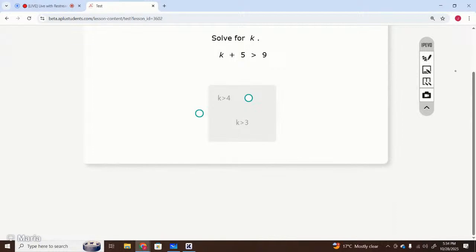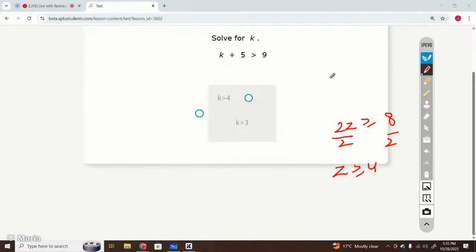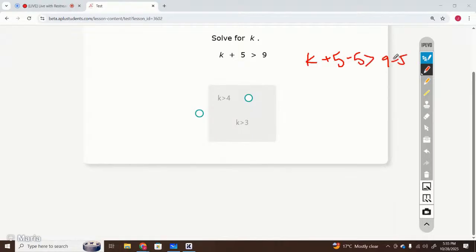k plus 5 is greater than 9. We need to calculate the value of k only. So we need to subtract 5 from both sides because the opposite of addition is subtraction. So 5 minus 5 is 0. That is k is greater than 4.